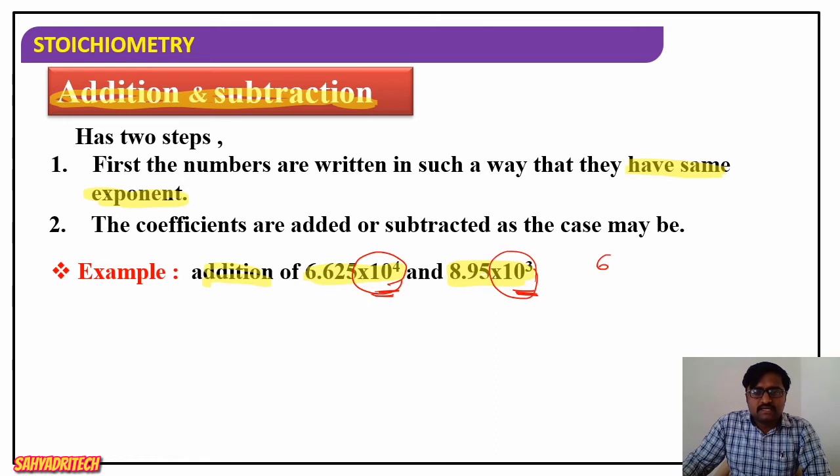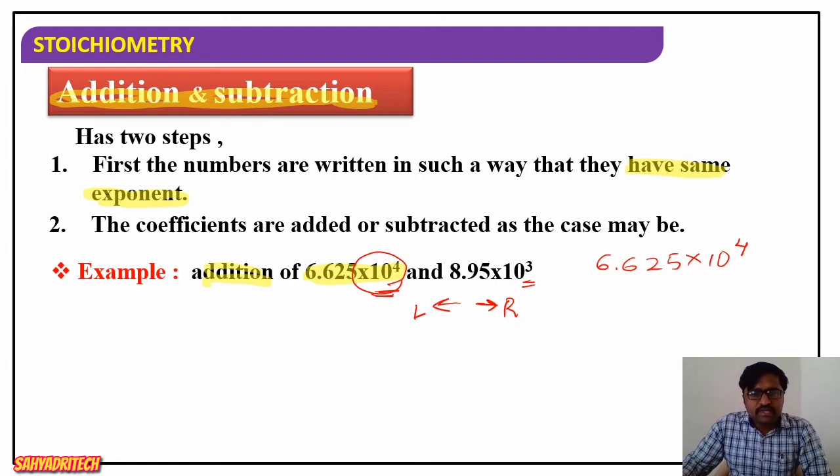So we keep 6.625 into 10 raised to 4. For the second number, as I already said, by moving the decimal point towards either left or right, we can change the power, or exponent. If the decimal point is moved towards the left side, the exponent increases.